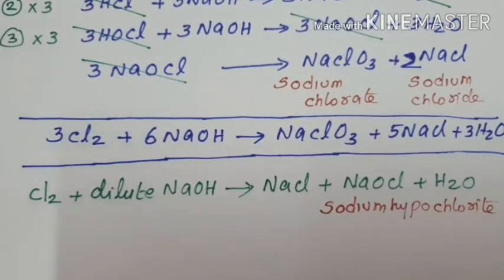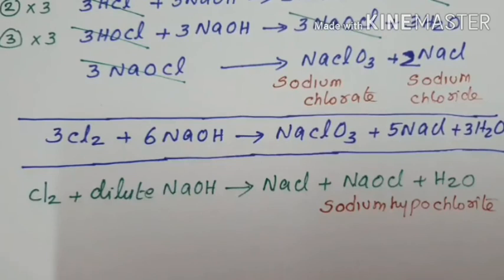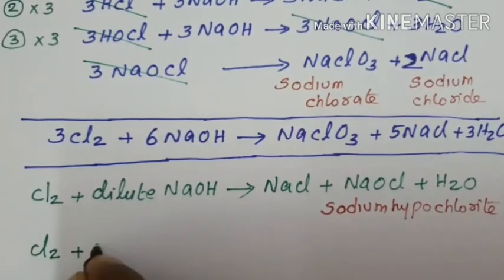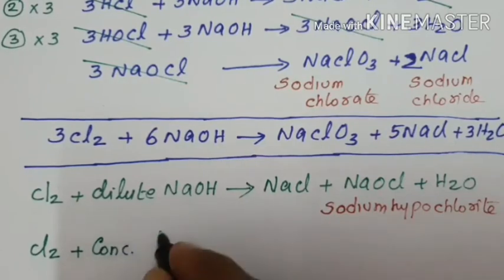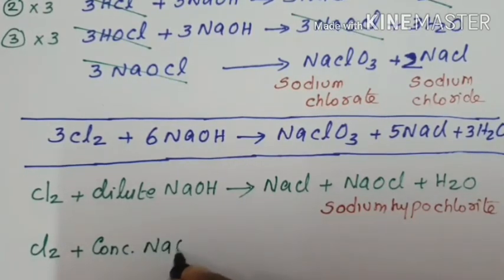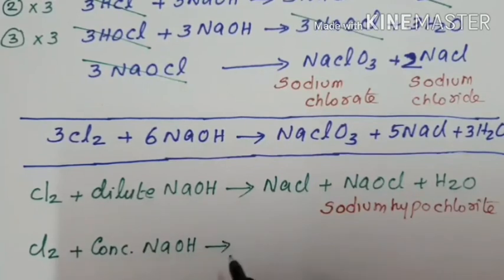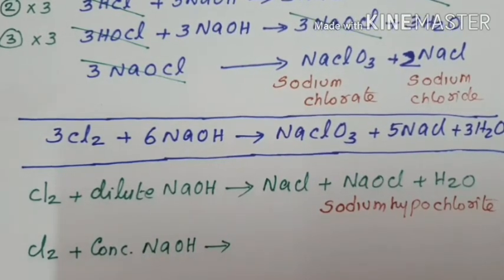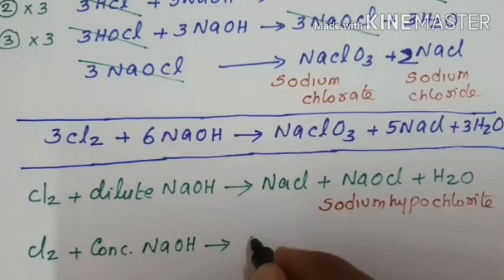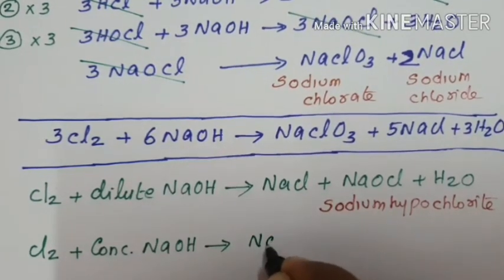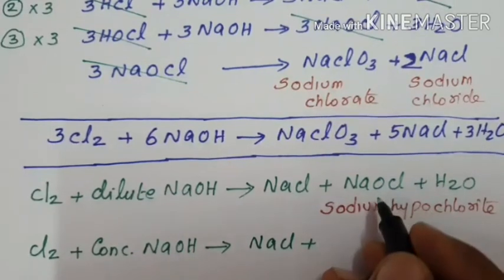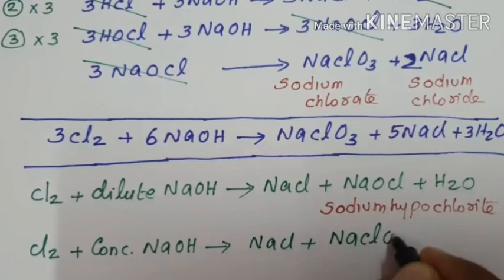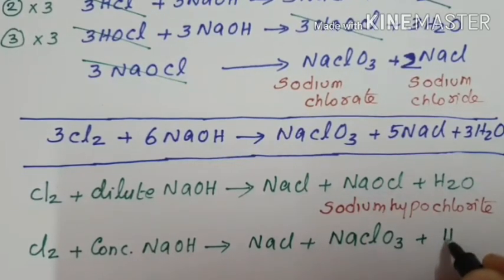And when chlorine, Cl2, is treated with concentrated NaOH, the products, see the above product, are NaCl, sodium chloride, plus NaClO3 along with H2O.